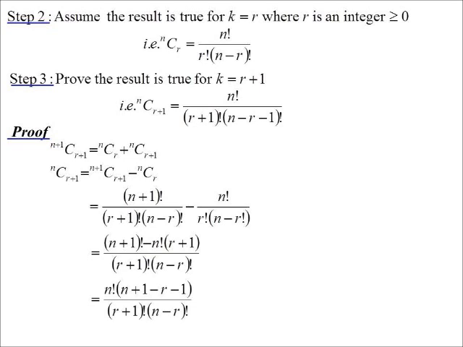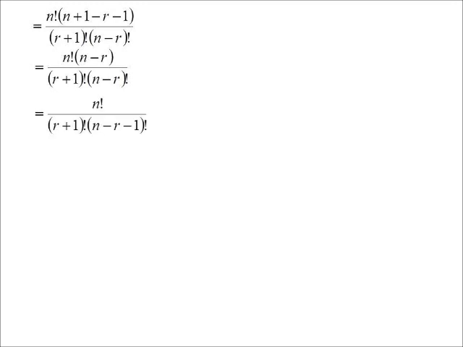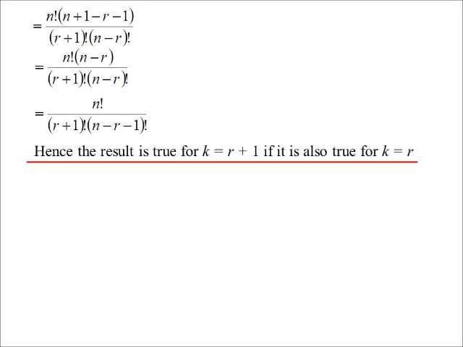But that means my n plus 1 factorial now becomes n plus 1, and it's minus all of r plus 1. So I've got n plus 1 minus r minus 1, which is n minus r, but the n minus r will cancel into the n minus r factorial, leaving me with 1 less, and I think that's what we were trying to prove: n minus r minus 1 factorial.